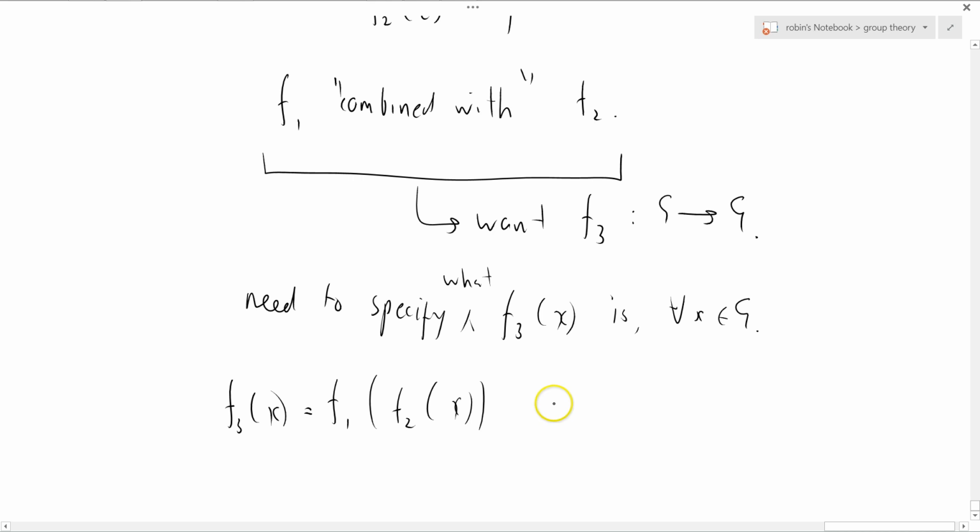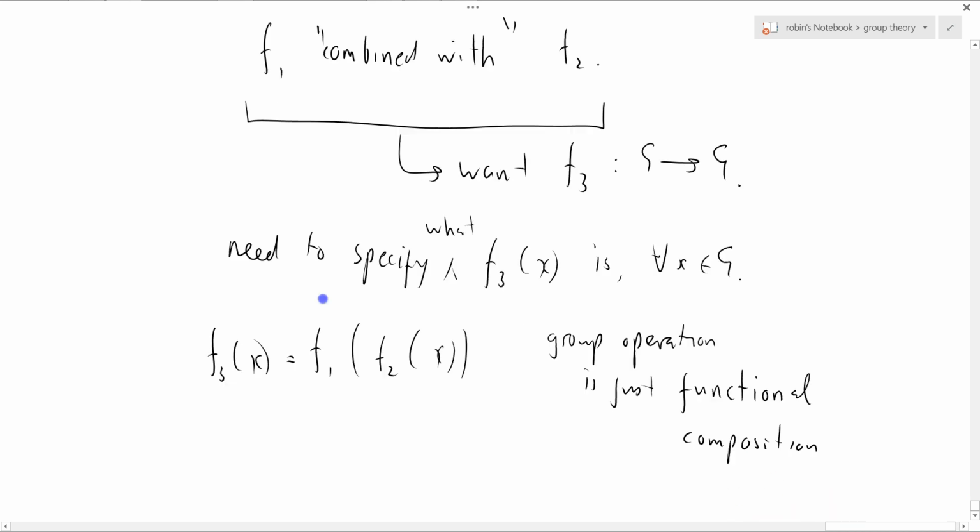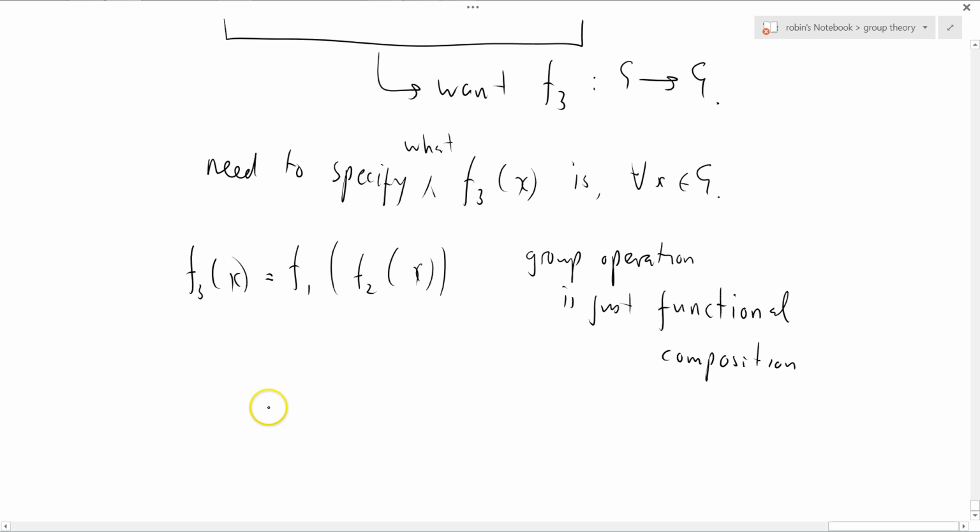So, in other words, the group operation is just functional composition. So x goes to f2 of x, which goes to f1 of f2 of x.